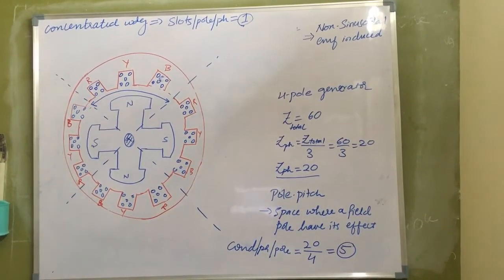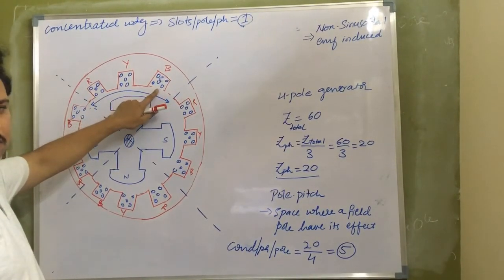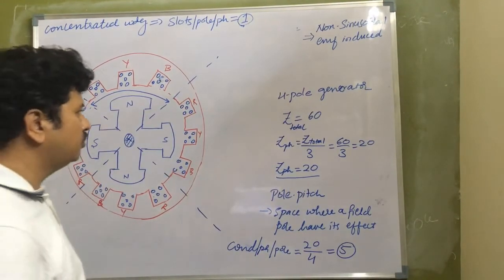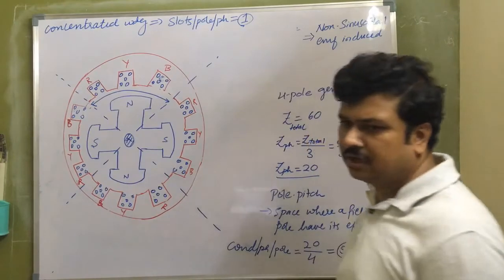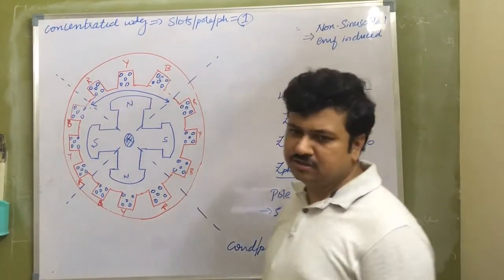Now count the number of conductors. 5 plus 5 plus 5, 15, 15 plus 15, 30 plus 15, 45 plus 15, 60. So total number of conductors in stator are 60, in armature are 60. This type of winding is called concentrated winding.